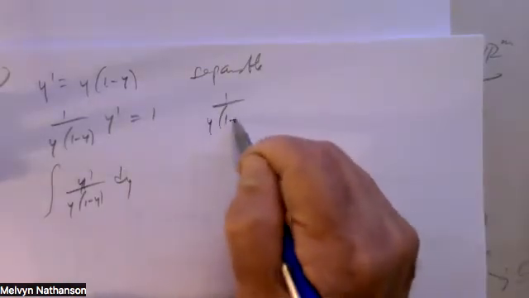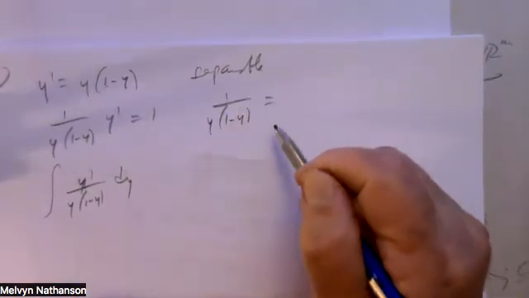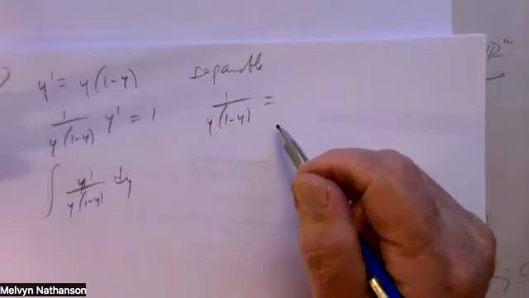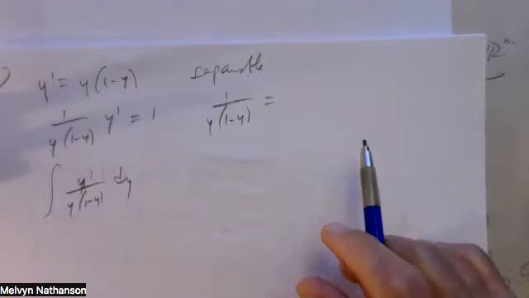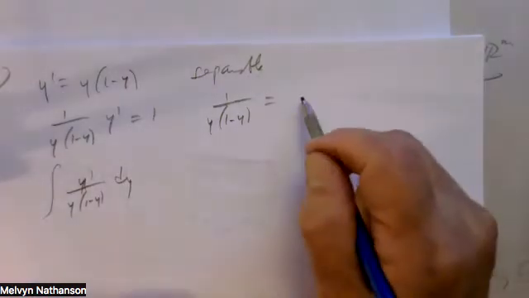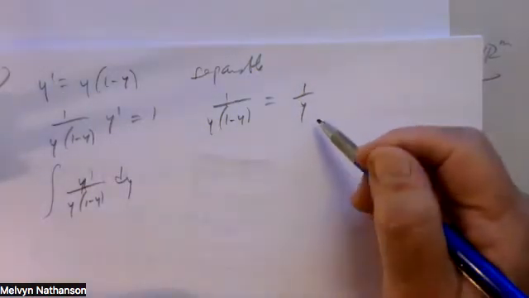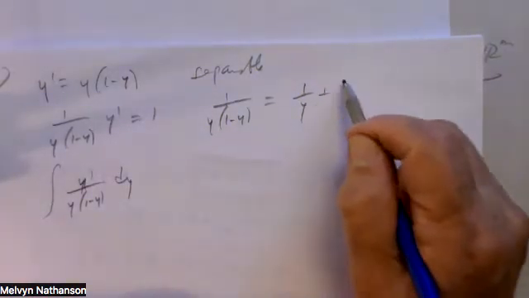Well, this looks like something you should integrate by partial fractions. If you have 1 over y times 1 minus y, you would try to write that as the partial fractions in the denominator will be y and 1 minus y. So this is the same as 1 over y plus 1 over 1 minus y.